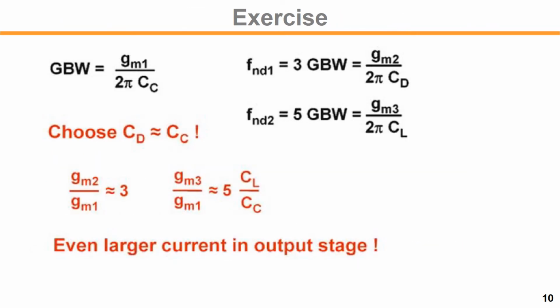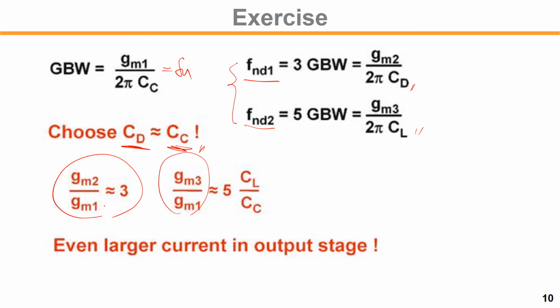this is the design example. We know the FU and the two non-dominant pole locations there. Let's choose CD and CC approximately similar. Then what we have is that the GM1 over GM2 ratio is like this, and GM3 over GM1 is what? 5 times CL over CC.